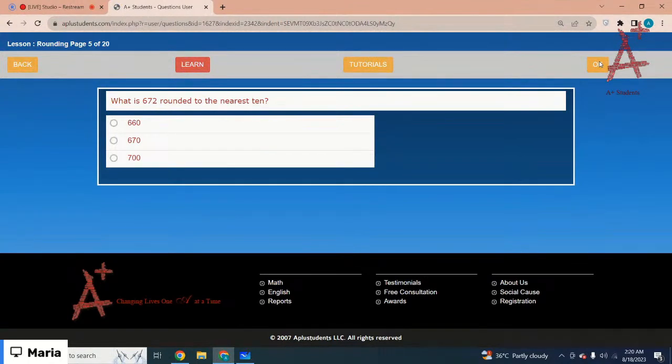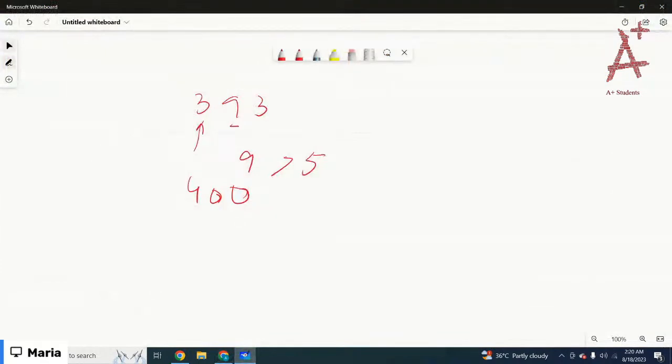What is 672 rounded to the nearest 10? So you have 672. You have to round off to the nearest 10, right? Just be careful when reading the question.